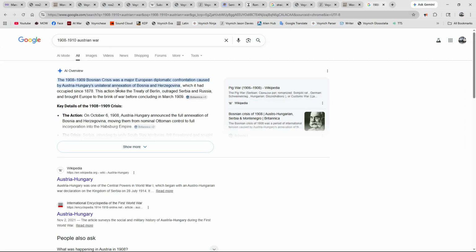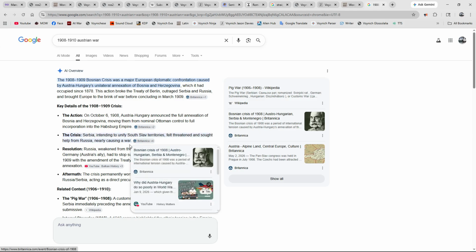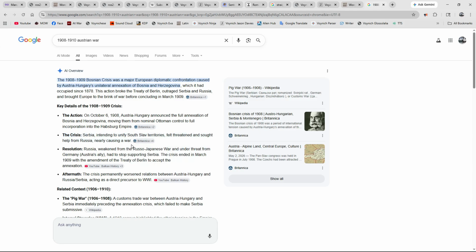The Bosnian crisis, a major European diplomatic confrontation, was caused by Austria annexing Bosnia, which had occupied Berlin outraged. Russia, weakened from the Russian war, was under threat. Germany is Austrian and supporting Serbia.